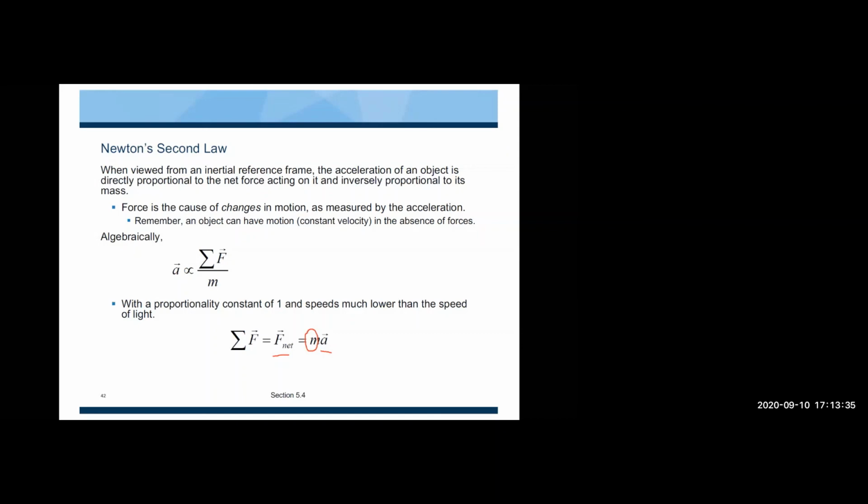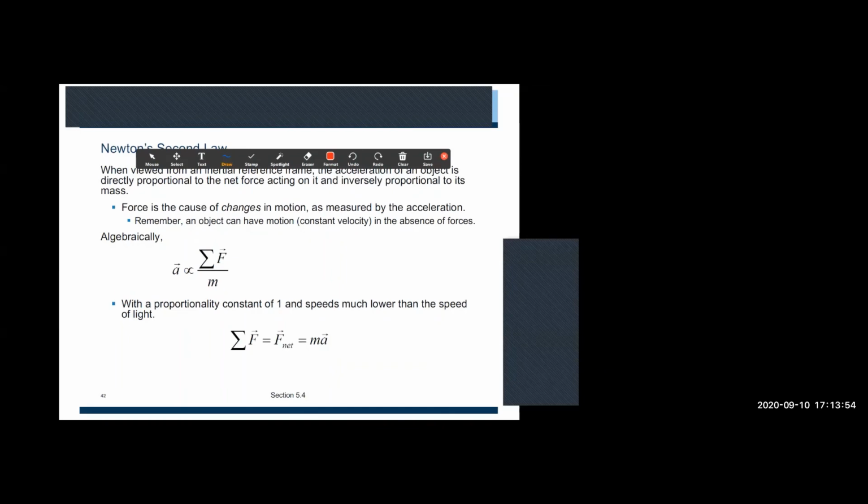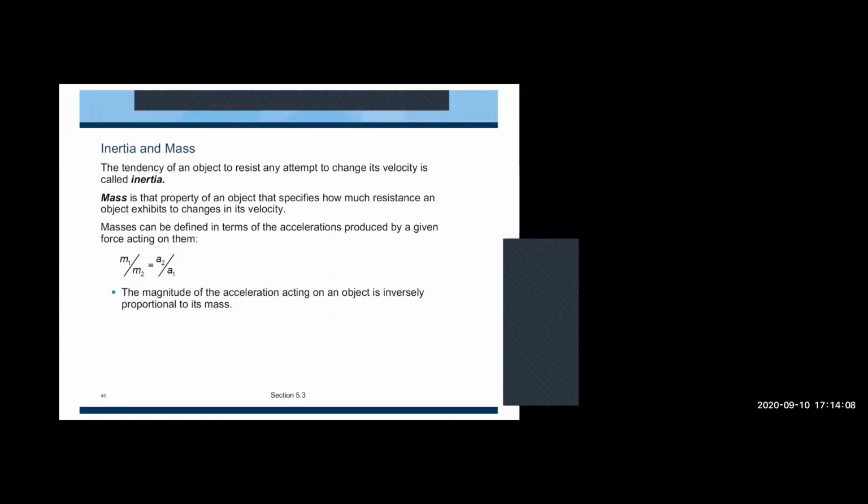So the mass is just a proportional constant, but on the other hand, the mass is an important property of the object, which, according to Newton's second law, represents what we call the inertia of the object, meaning how reluctant the object would be towards motion when it is under an external force. So when you have an external force, if it is a net force, a constant one, you apply it to different objects.